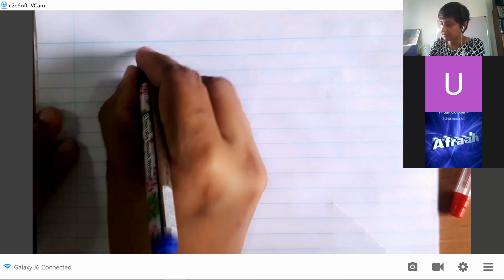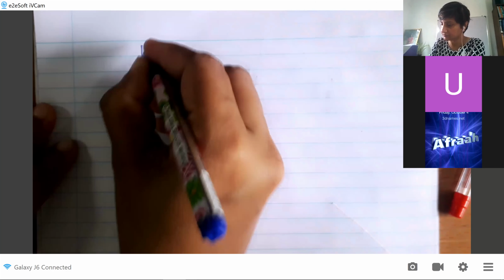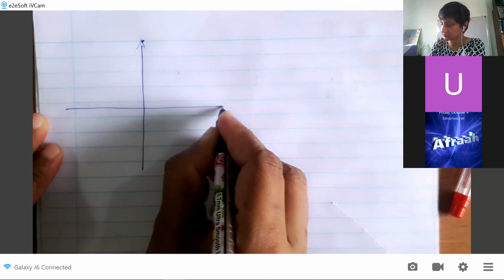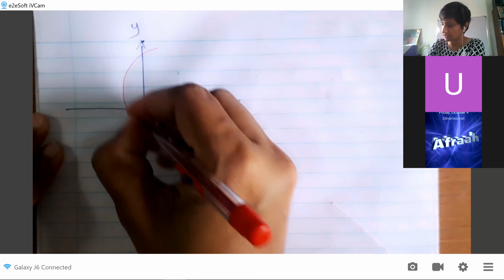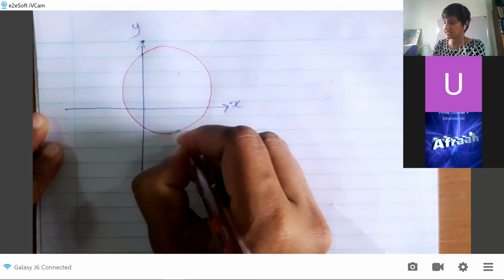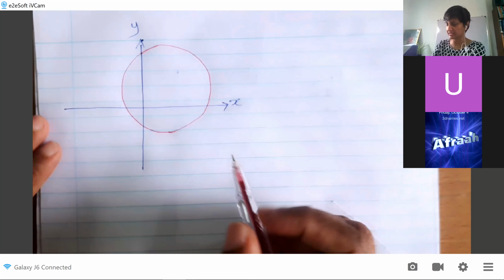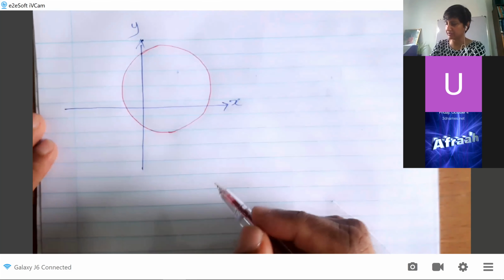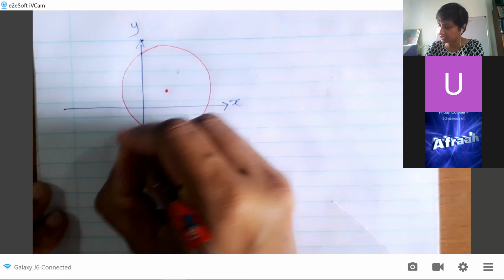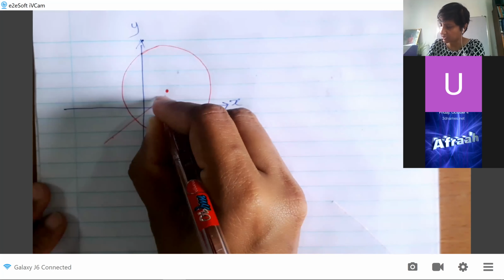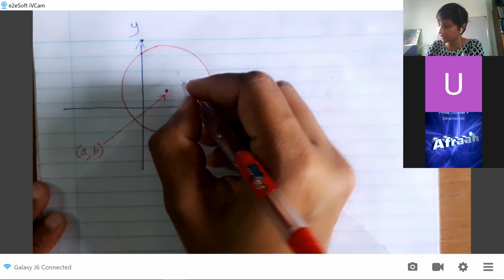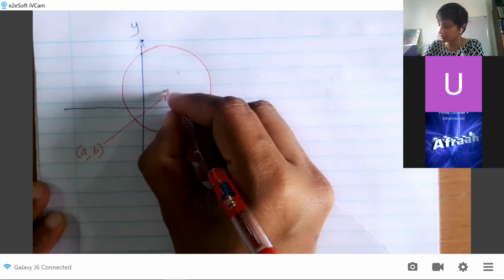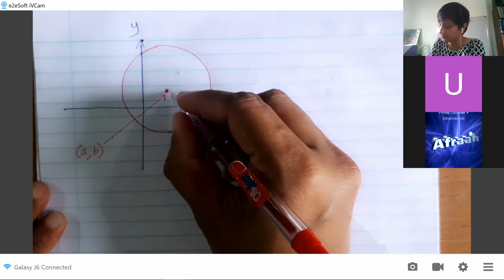So when you have any random circle like that, I didn't want to place its center at a particular special point. So you can have any circle anywhere on the grid, so that its center is somewhere. The center coordinates were A comma B. And the radius, I will mark it somewhere here.